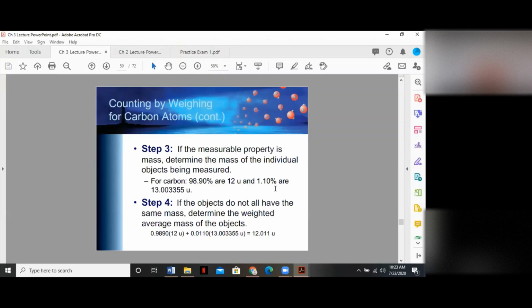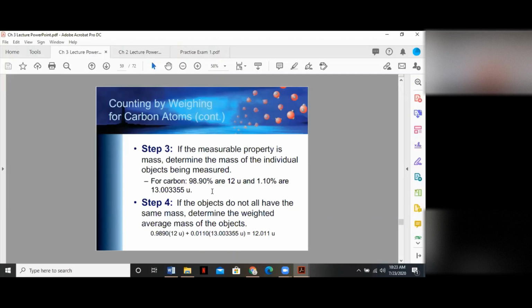So for researchers to come up with an average atomic mass, they don't just add up these two numbers and divide by 2. You cannot do that, because the percentages are not even.